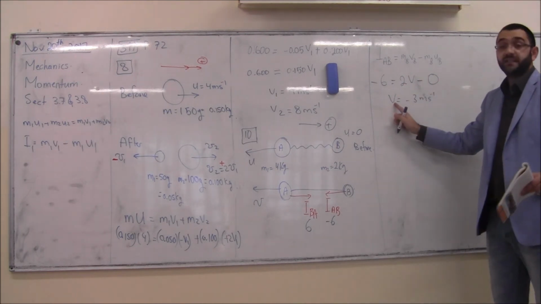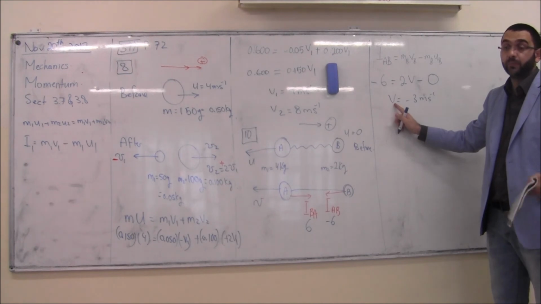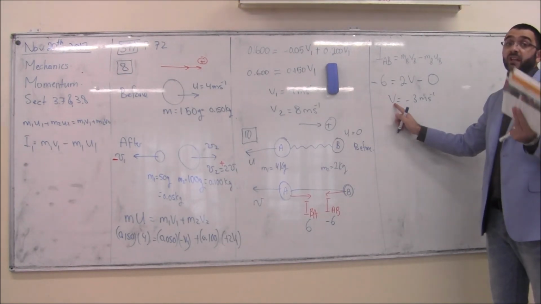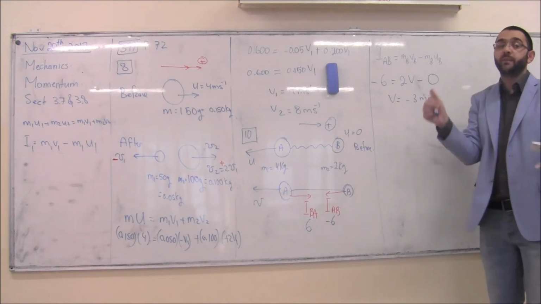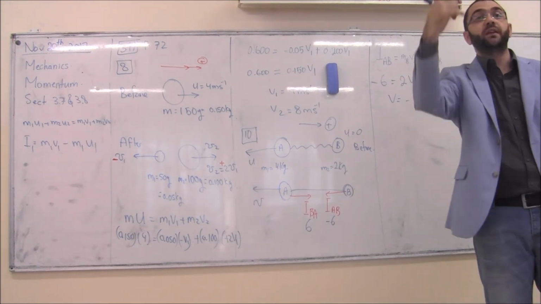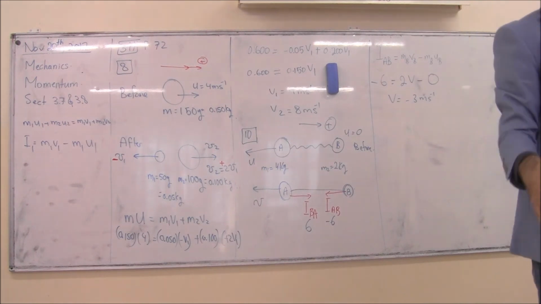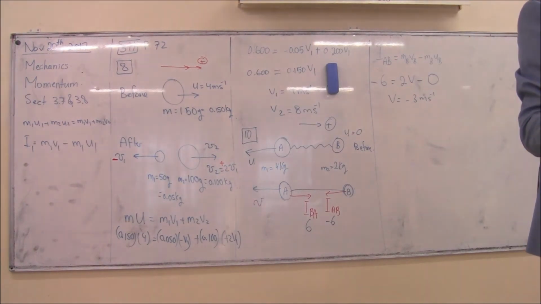This is the common speed for A and B because, if you remember, when the string goes taut, both particles have the same acceleration, tension, initial and final velocity, displacement, same thing, right? Clear?